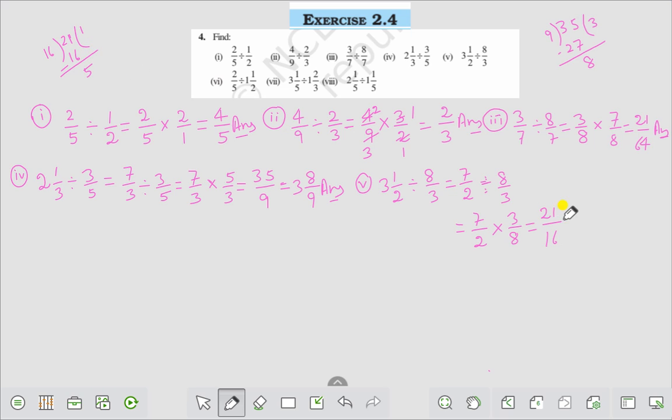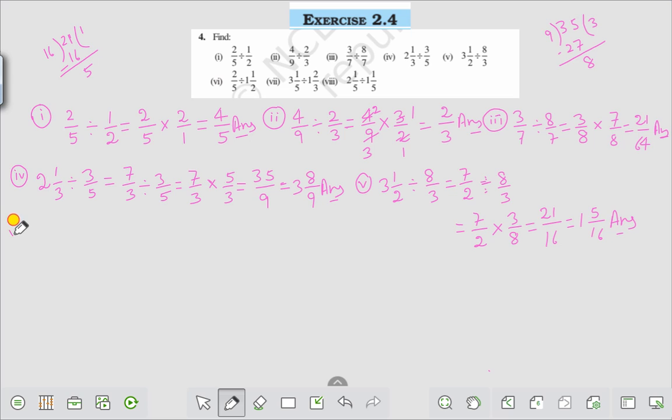There is one whole 5 by 16. This is the answer of question number 5.